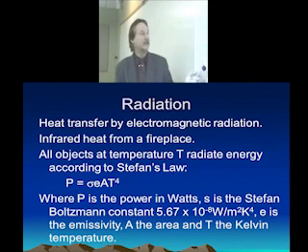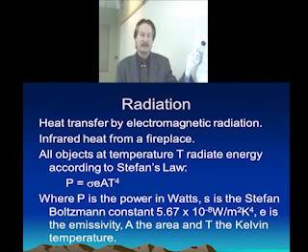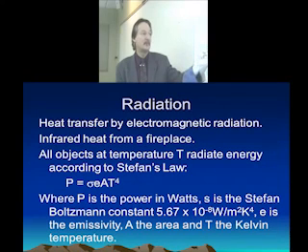And the law, known as Stefan's law, tells us that the power of the energy transmitted, in watts, of course, power is joules per second, is proportional to the area of the object that is radiating that energy. It's proportional to the fourth power of the temperature in Kelvin of that object radiating energy.